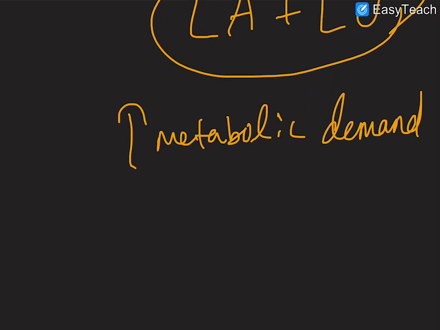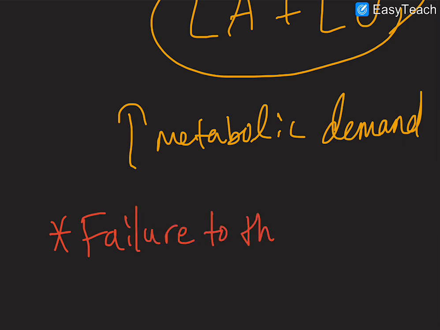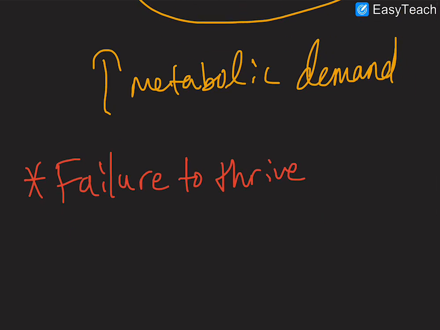Now, the next finding similar to this is failure to thrive. Okay, why do you see failure to thrive in this disease? Well, normally, as you're growing and developing, you need calories to do that, right? You need calories to grow and develop properly. But because your lungs are filling with fluid, the baby's having an extremely hard time trying to get that air in, trying to expand those lungs, trying to breathe, right?